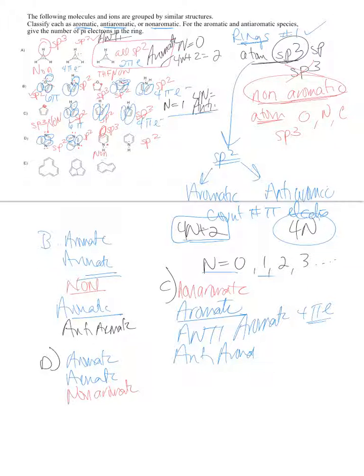Every atom is sp2. We don't have lone pairs on nitrogen because it's protonated. And we do have sp2. We have 6 pi electrons. And so that's aromatic. That's part of that, when we do PCC, that's your pyridinium ion.